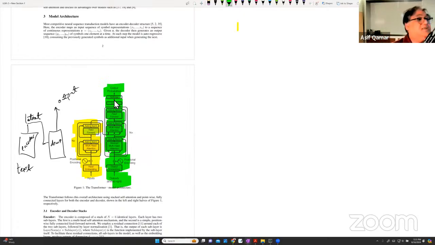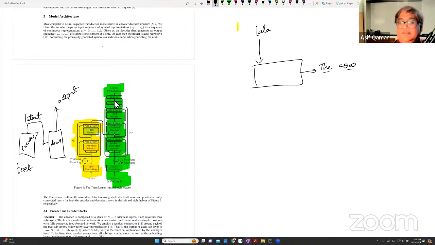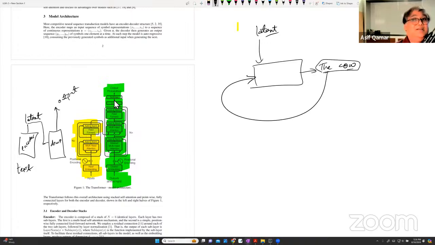What does that mean? It means if it produces a word, let's say that you have a box and it produced the words the cow. Before it produces the word jumped, let's say that you gave it French text and it is producing English out of the French. It so far produced these two. What you want to make sure is not only the latent representation goes in, but you have to also give the additional context back, right?